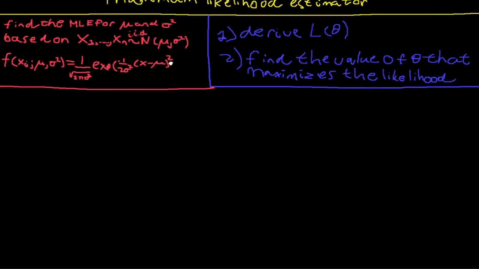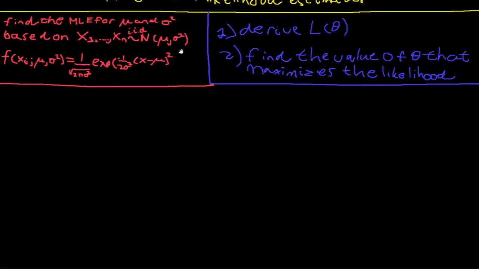So I'm just going to assume you've watched my earlier videos, so I will just go ahead and start by the first step, which will be deriving the likelihood function. And the likelihood function in this case depends on two parameters, so we will write the likelihood function like this.